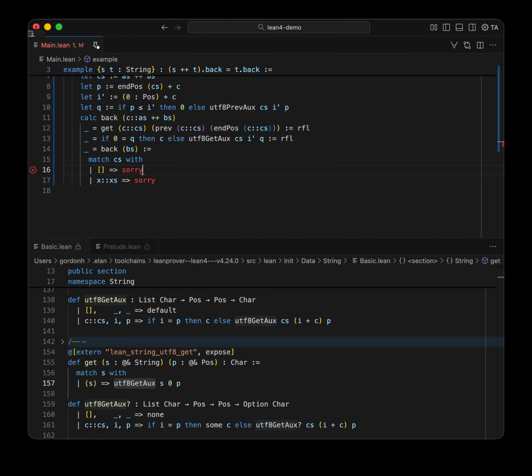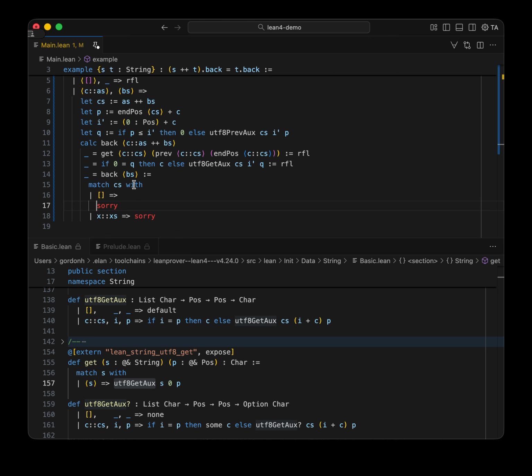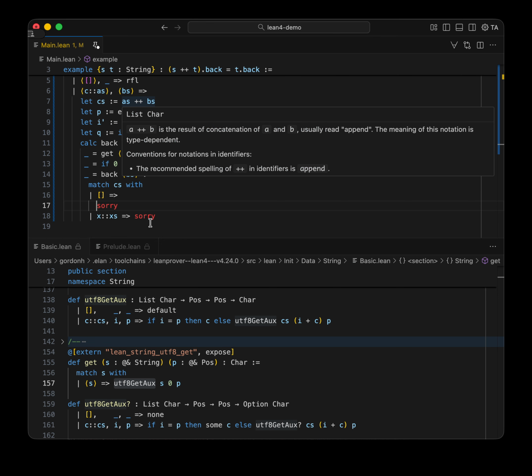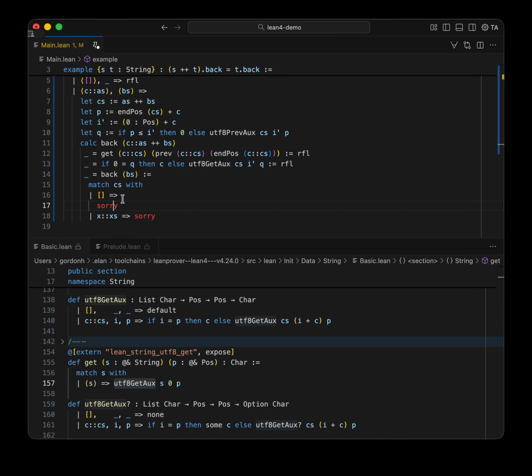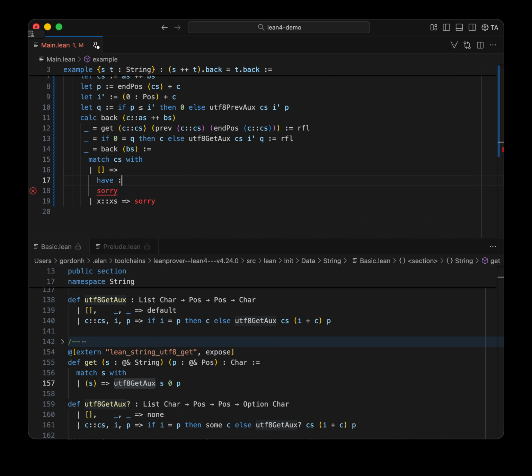Okay, no matter what we're trying to do, let's tidy certain things up. In this case, we would want to, first of all, show that p is actually endPos CS is 0.